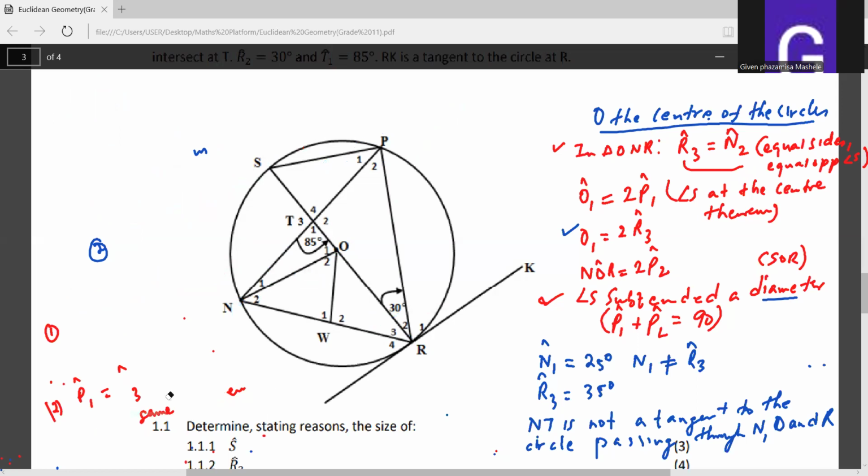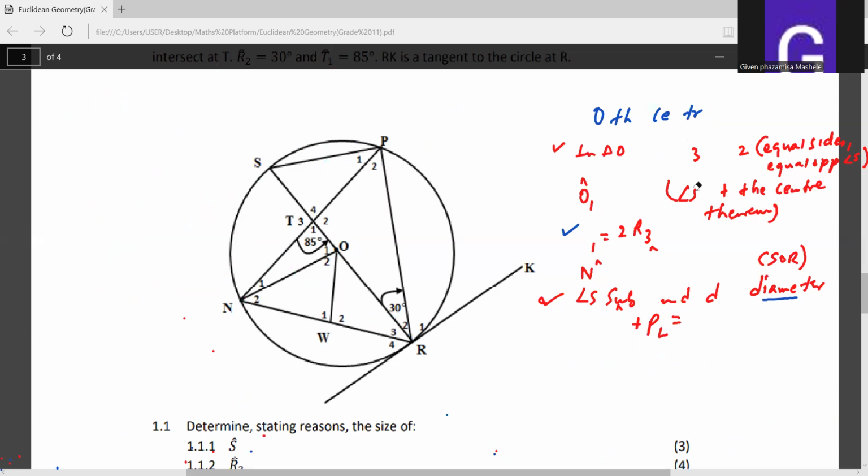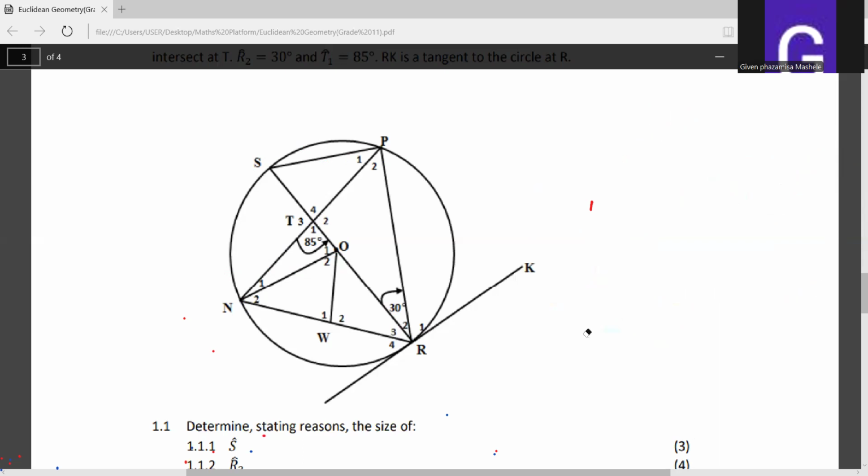Remember, practice makes perfect. Okay, next session.